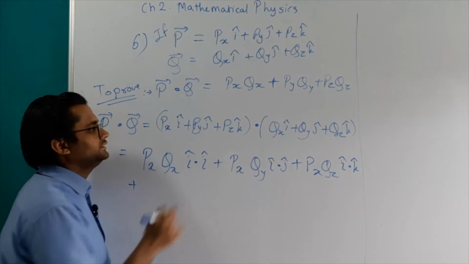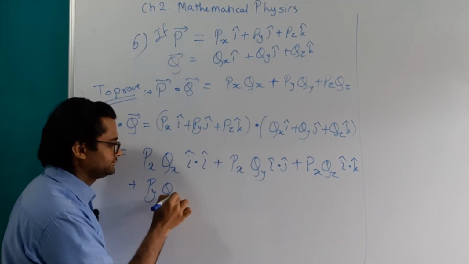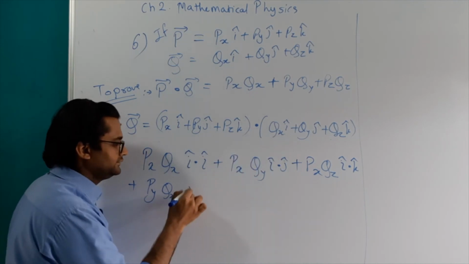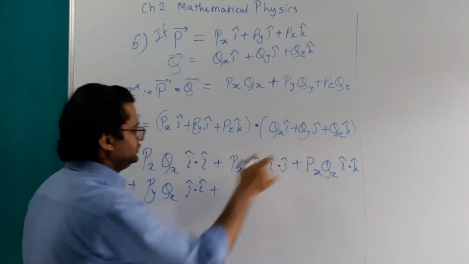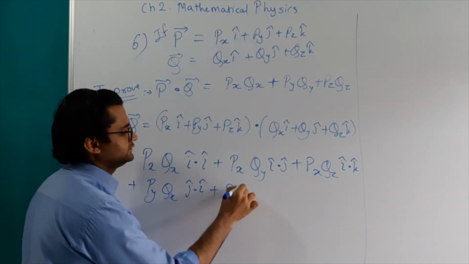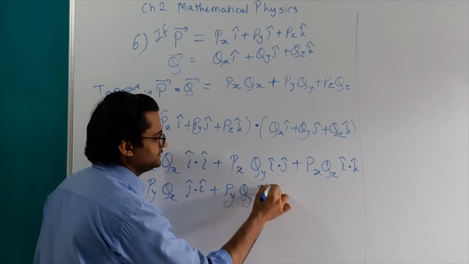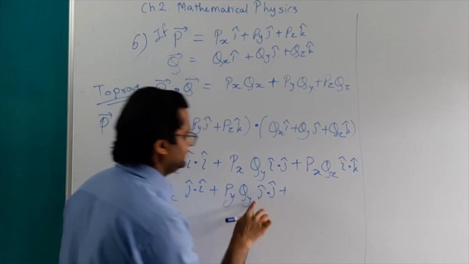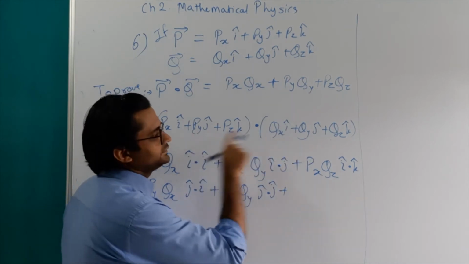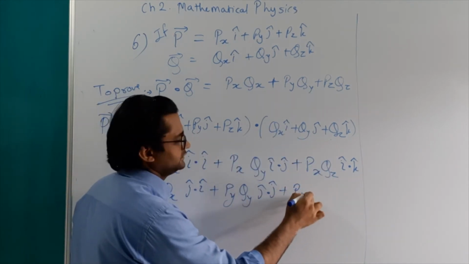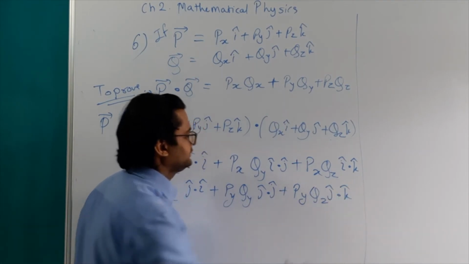Second into first, so py qx, j dot i. Second into second, py qy, j dot j. Remember that these j are unit vectors. Second into third, py qz, j dot k.